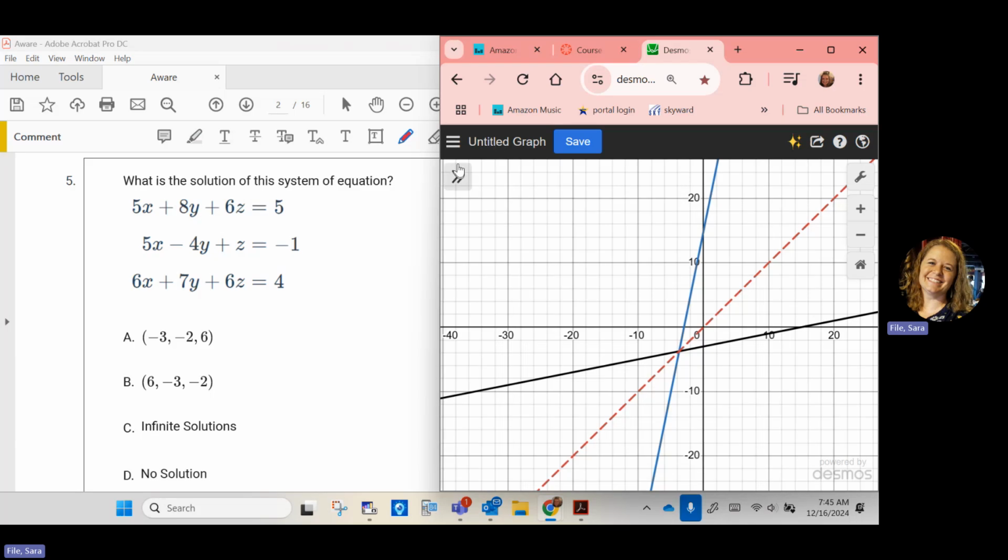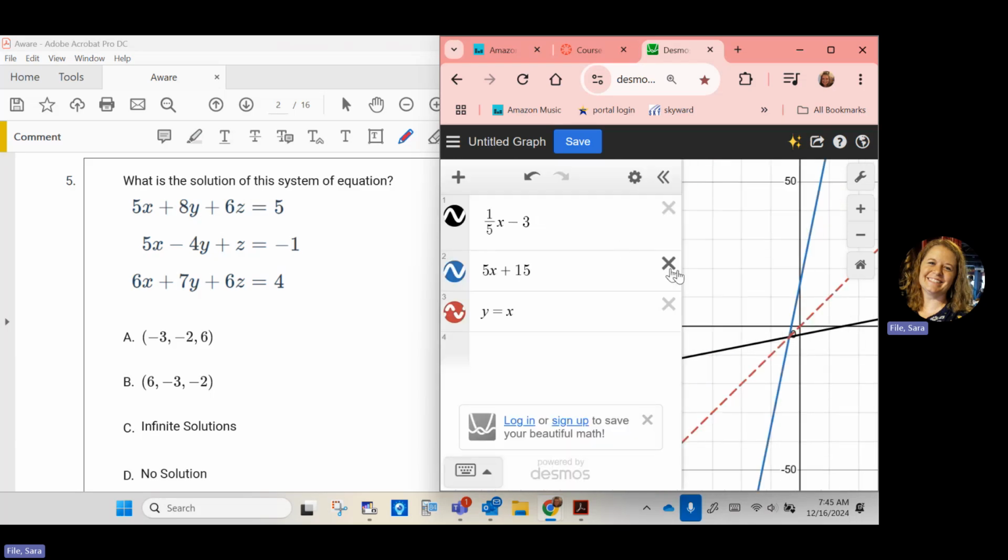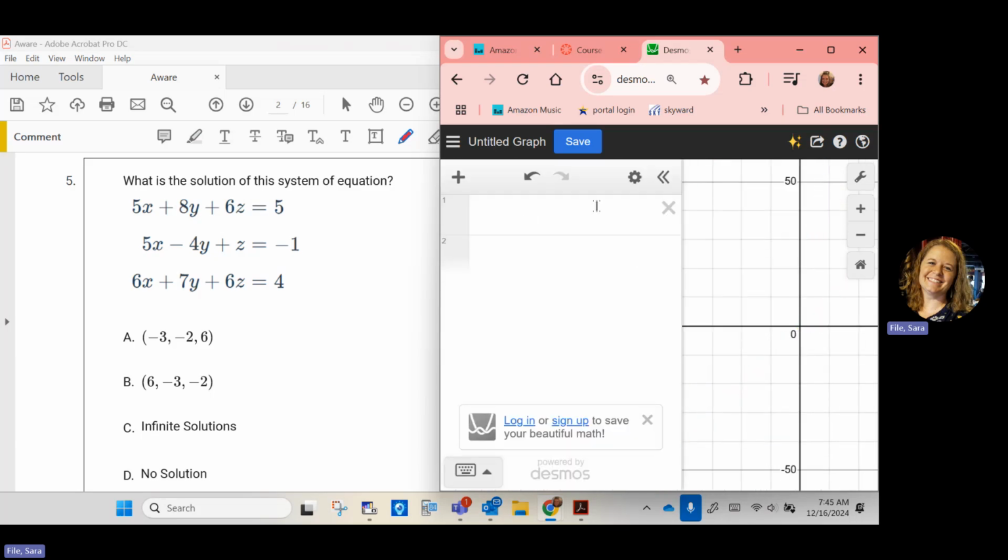Now, if it was a 2-equation system, you're just graphing the 2 functions and looking for the point of intersection. So if it was 2 lines, you're just looking where do they cross. But when it's 3 variables, so we have x, y, and z, and there's 3 equations, it's a little bit different. Okay, so we're going to type all of those in just as they're given to us.